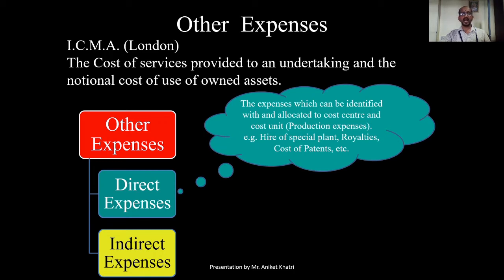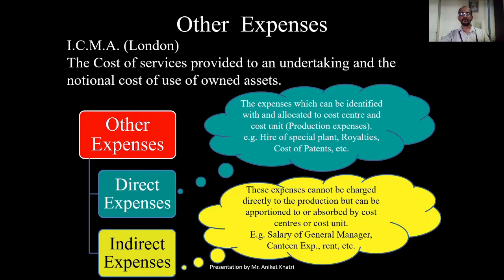For example, hire of a special plant, royalties, cost of patents, etc. In case of indirect expenses, these expenses cannot be charged directly to the production, but can be apportioned to or absorbed by the cost center or cost unit. Examples of these expenses are salary of general manager, canteen expenses or rent, etc.